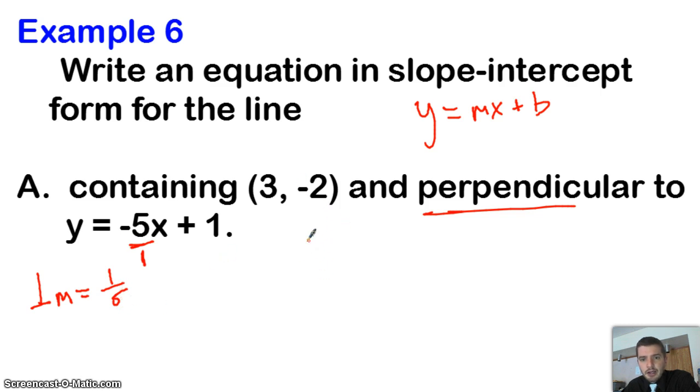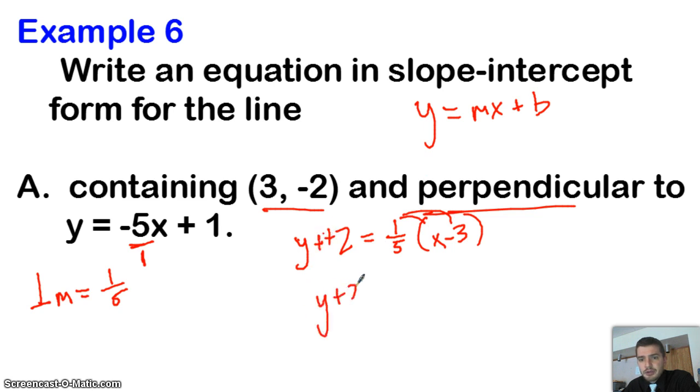All right, and now again, I'm going to use this point to solve for it. So it's going to be y minus negative 2 equals 1 over 5 times x minus 3. Now it asks for it in slope-intercept, so I'm going to have to go ahead and solve. In this case, I'll just distribute here. And again, this is plus a positive.